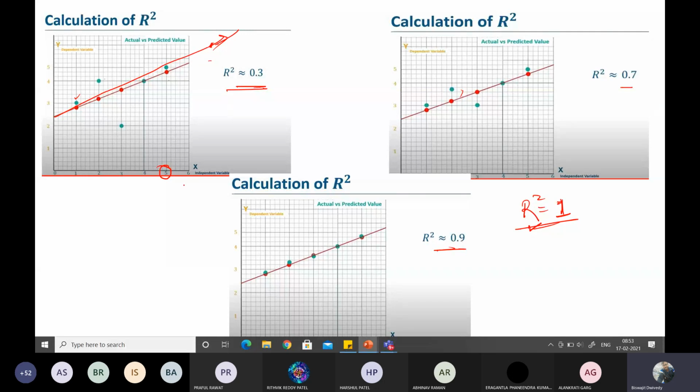Suppose we are asked to find what will be the corresponding value at x equals 7. Once we have drawn this straight line, we can use the equation of that straight line and find out the corresponding y value. What will be the value at 1000? We can use x as 1000 and find out the corresponding y value. That is the type of prediction we are doing here.